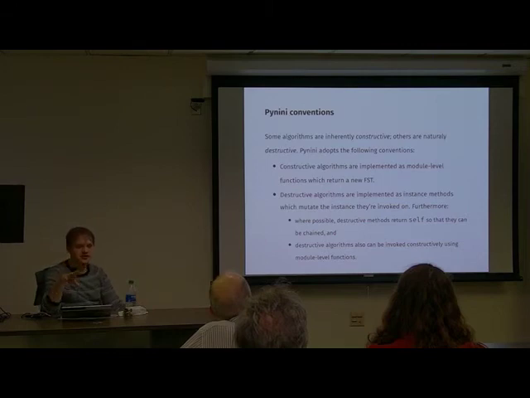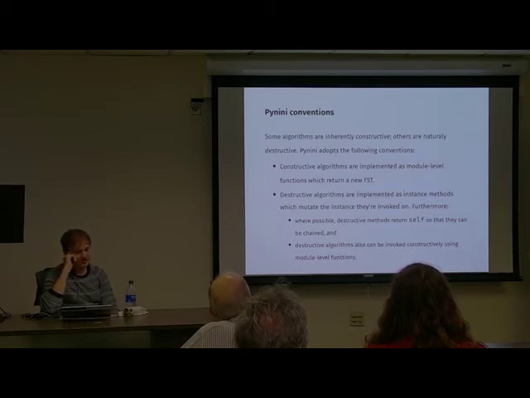So the way we turn that C++ convention into Python is the following. If the algorithm is constructive, then it's a module level function. It's just Pynini dot whatever, and that takes FST arguments, and it builds me a new FST and gives it back to me. It handles, of course, all the memory management and such.